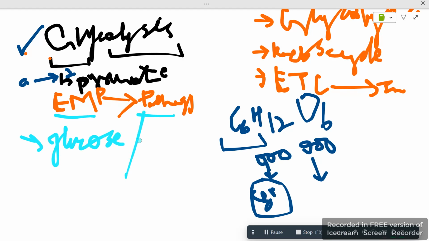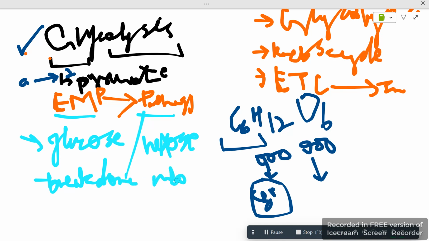Glucose, or we also call this a hexose. Hexose is the same, containing 6 carbons. When glucose or hexose is broken down into the simplest form, here the simplest form is 2 pyruvate, as I just told you.